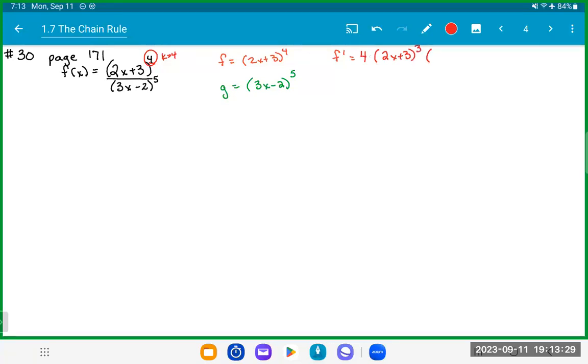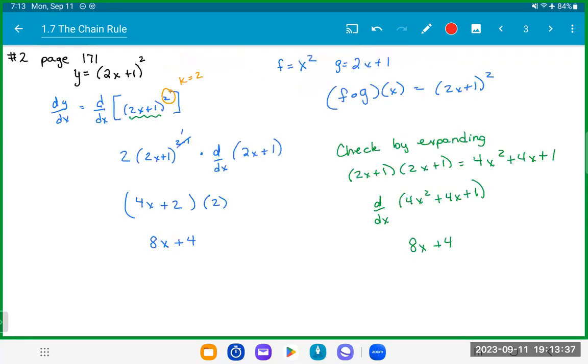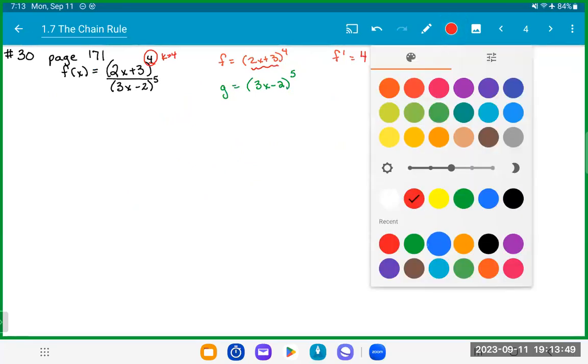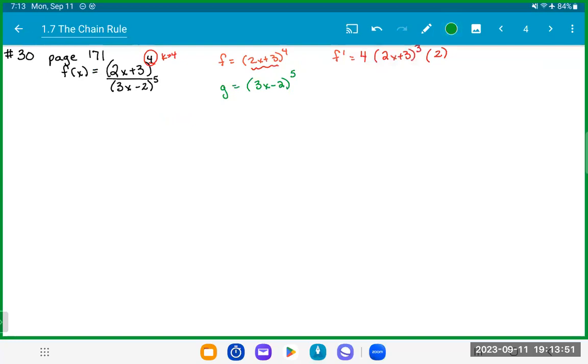And I want to take the derivative of this. The derivative of the insides is just 2. So that's really what we did right here, is the derivative of the insides. But instead of writing that out every time, it's sufficient for you all to just write the 2. Okay. Any questions on that one?